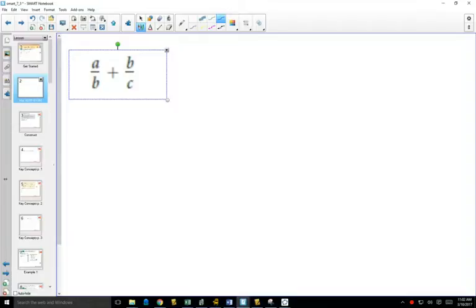So how do we add fractions? You need to get a common denominator. What's the common denominator between b and c? Well, this one's missing a c, and this one's missing a b. So if you multiply by c over c and b over b, we get a common denominator of bc.